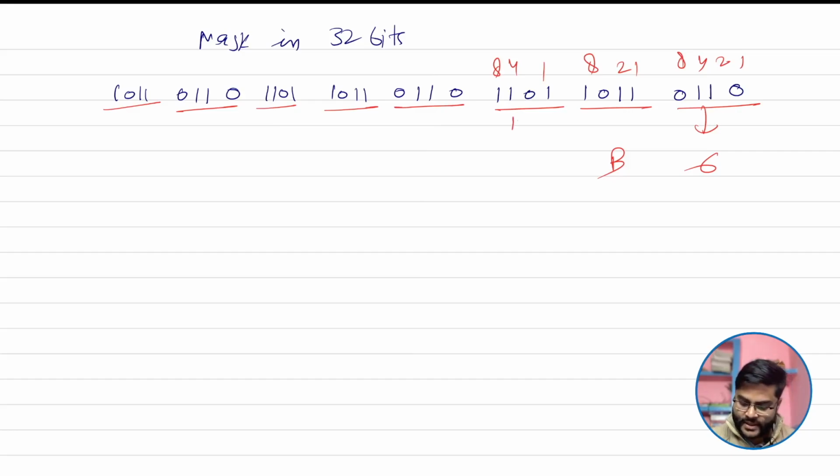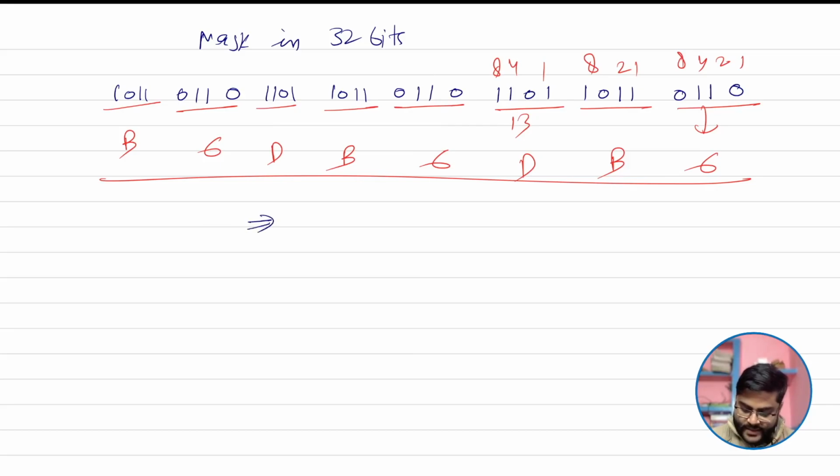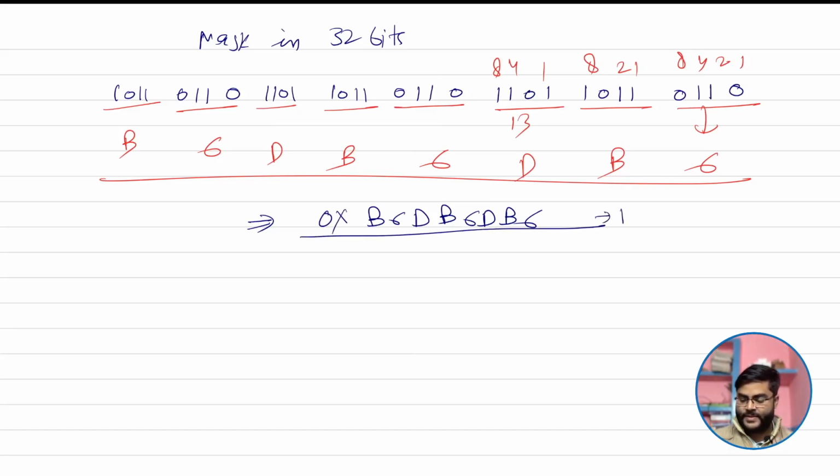So it is 13. It can be written as D. So again, it will be 6, D, again 6, B, and so on. So my mask will be B6D, B6D, B6. And it is hexadecimal, so write 0x, which means it is hexadecimal.